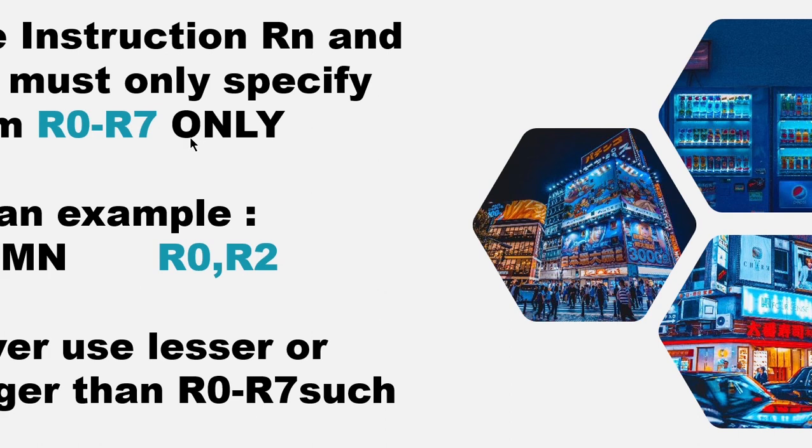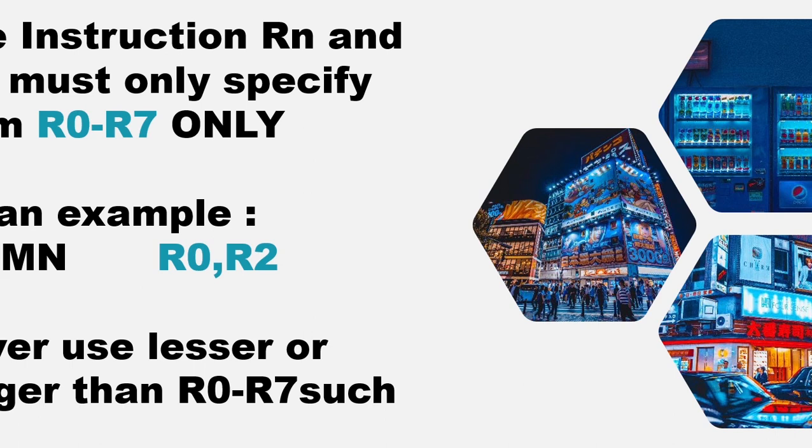As an example, we can use CMN R0, R2, or CMN R3, R5, as long as Rn and Rm are in the range of R0 to R7.